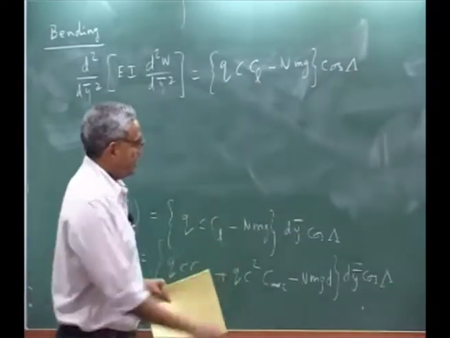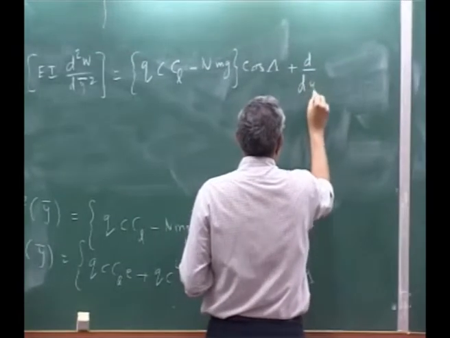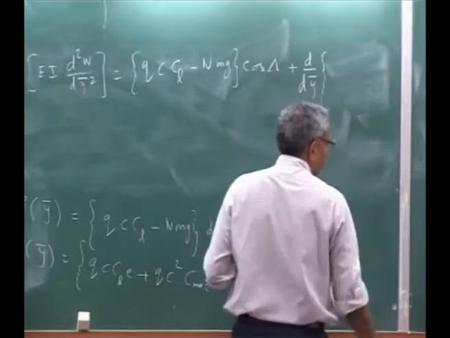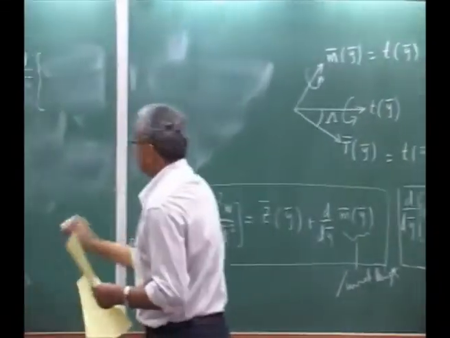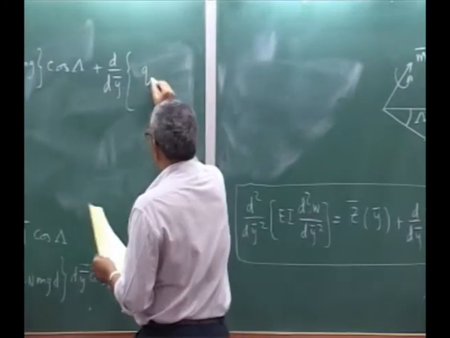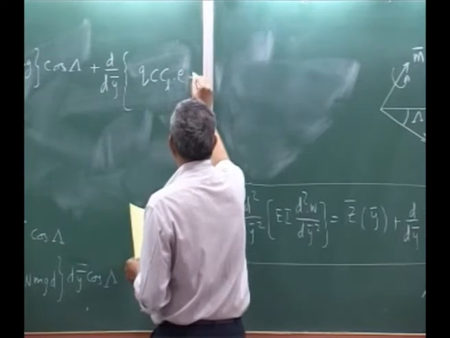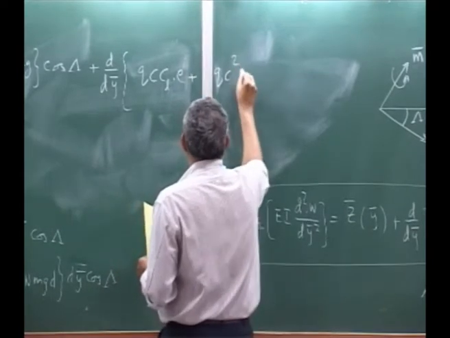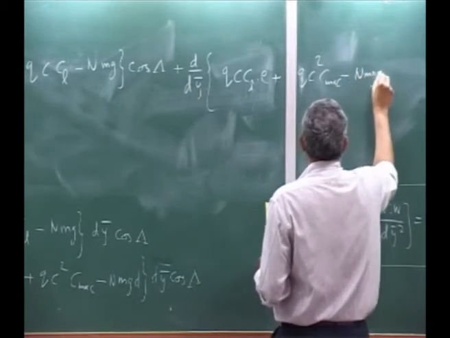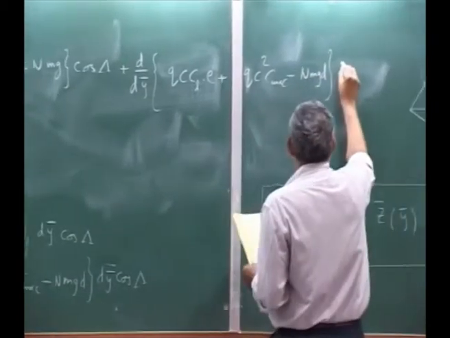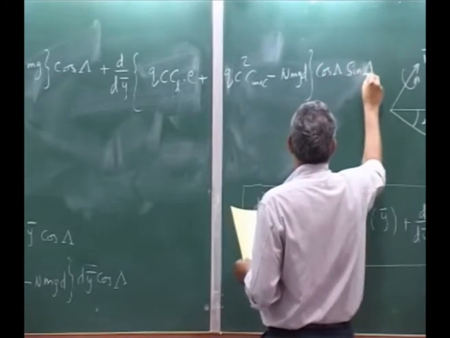That is this term. And the second term is d by dy bar of m bar thing, that is nothing but sin lambda cos lambda you will have. So you will put q c CL into e plus q c square CMAC minus N mg d cosine lambda sin lambda.